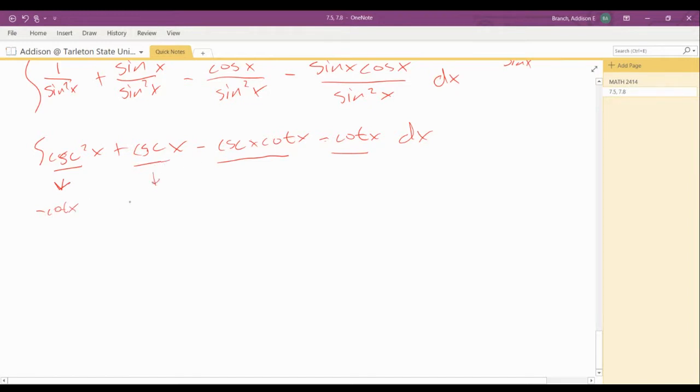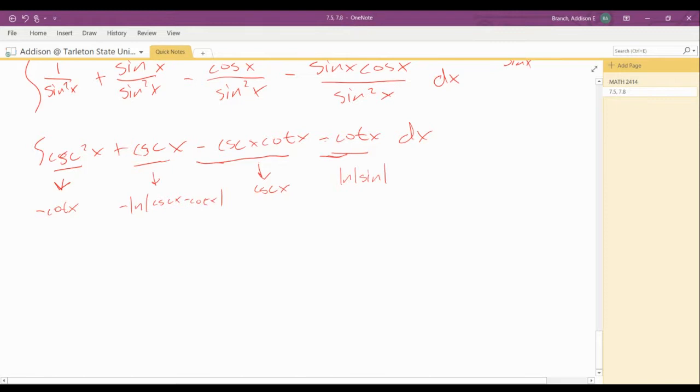Cosecant would go to negative natural log of the absolute value of cosecant minus cotangent. This minus cosecant cotangent would go to just a positive cosecant. And this minus cotangent would go to a plus natural log of sine.